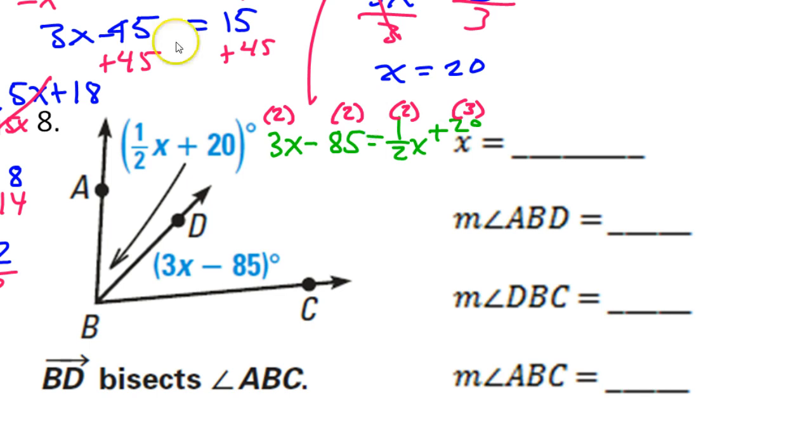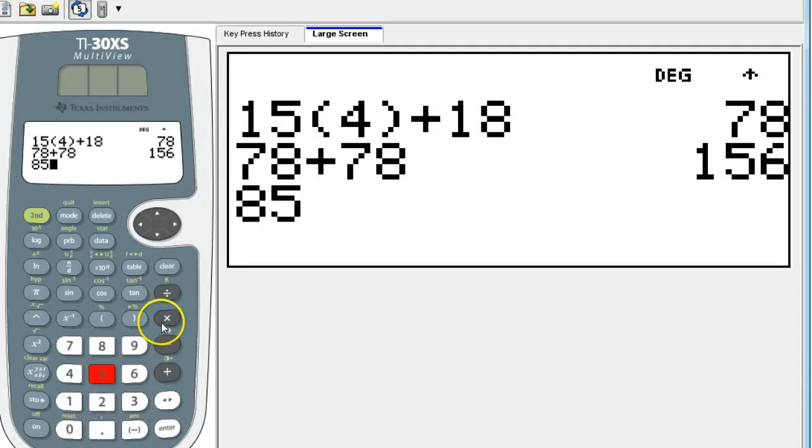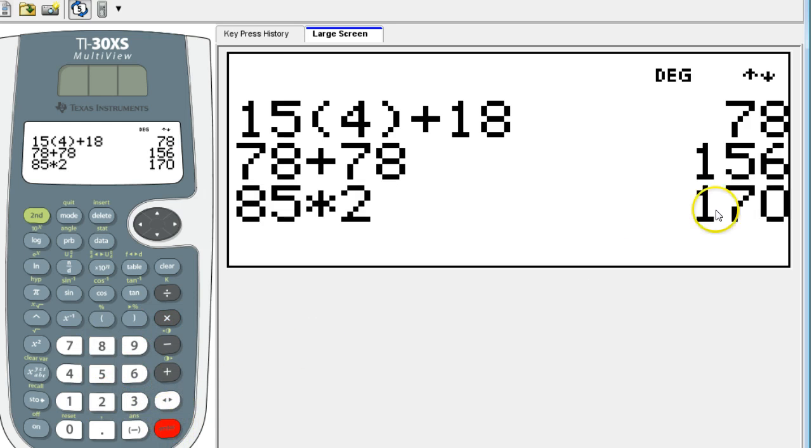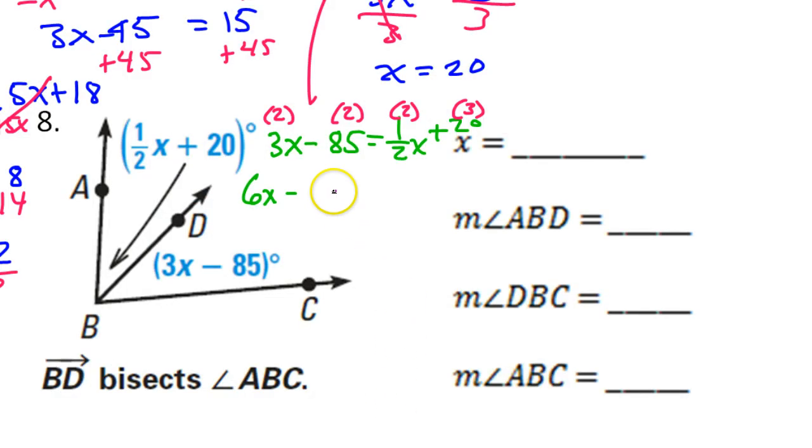So what's this going to give me? So I'll have 6x minus 170. Now 2 times 1/2, these 2's cancel out, so I just have x plus, and 20 times 3 is 60.